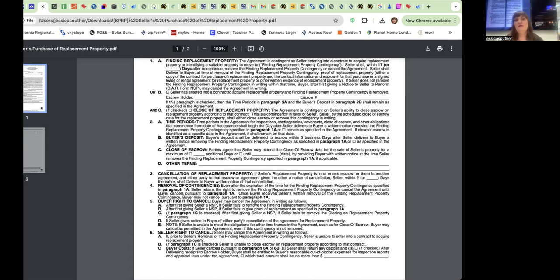Okay, so let's say some situation happens where they do need to go back and find another house, or some sticky situation is happening with their replacement property and they need to extend for longer periods of time.